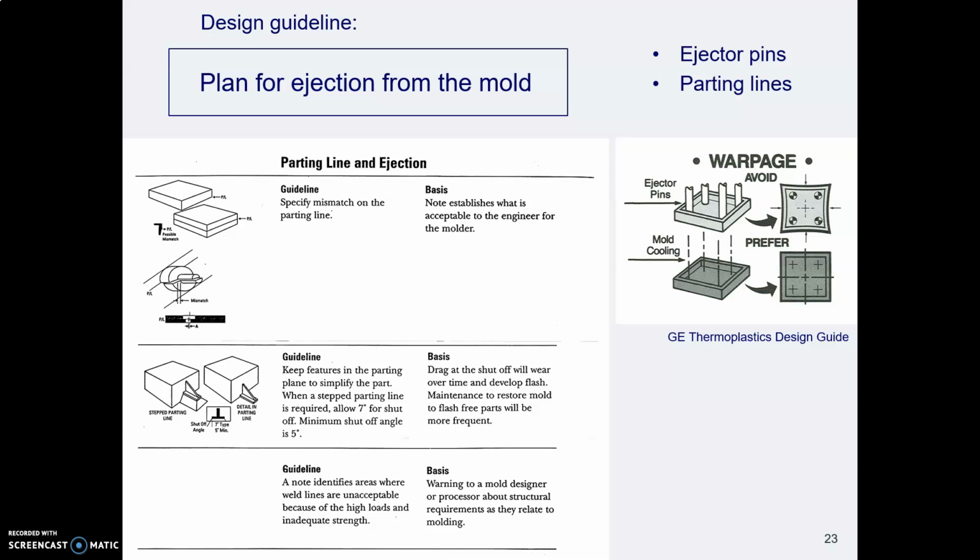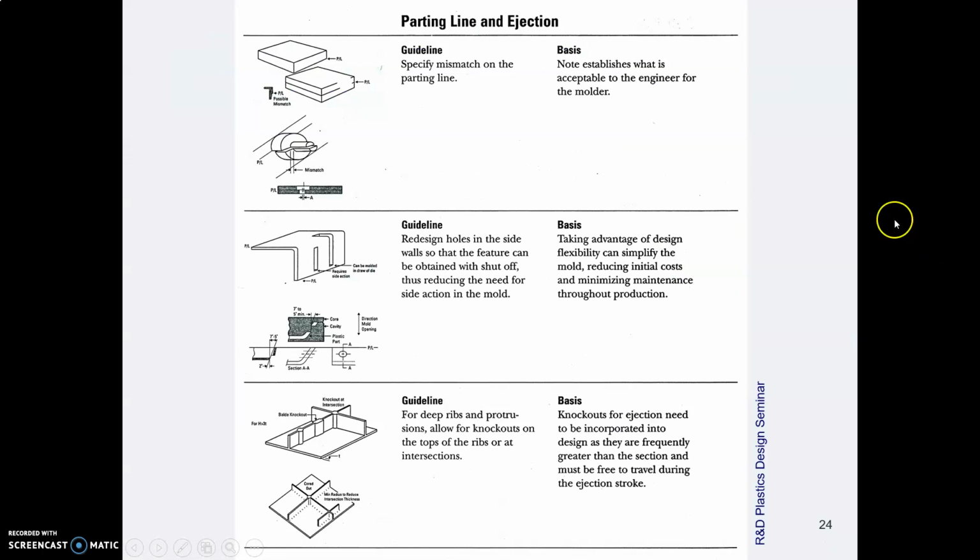Then plan for ejection from the mold. Last time we talked about ejector pins and how they can leave marks on your part. So think about where can those ejector pins go and where do you have to avoid them. Another thing you have to avoid is parting lines, and these are different from knit lines.